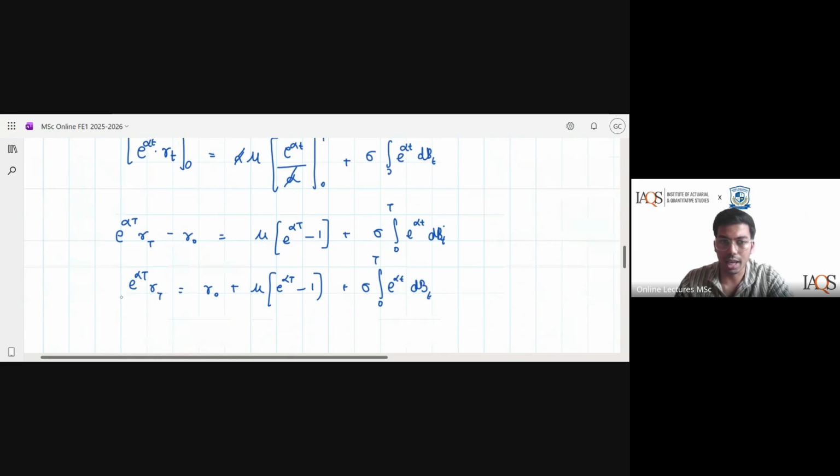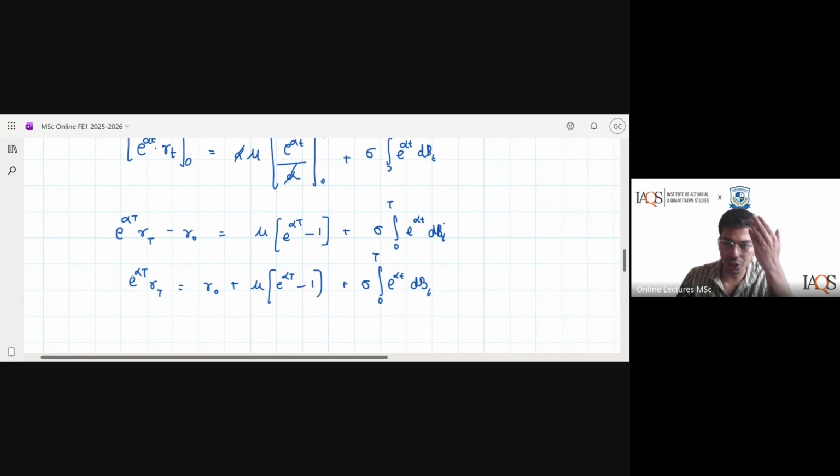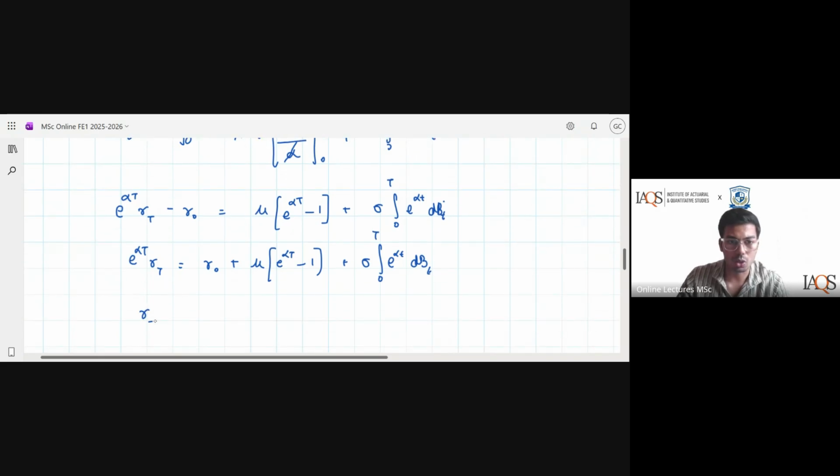Now, what is extra? e^{αT} over here. I'll shift that also to the LHS. So r_T is equal to r_0 e^{-αT} plus μ into (1 minus e^{-αT}) plus σ into e^{-αT}.